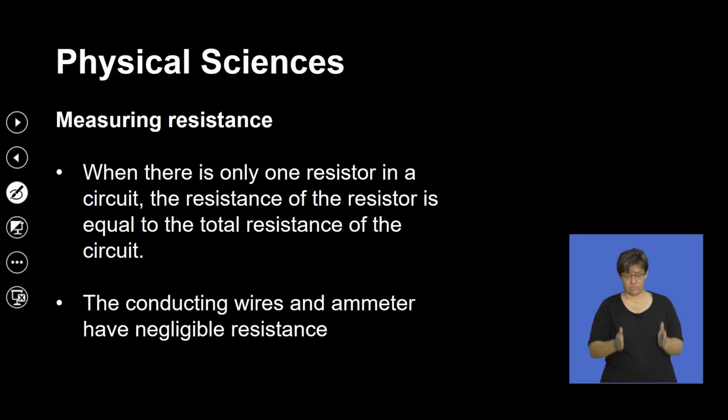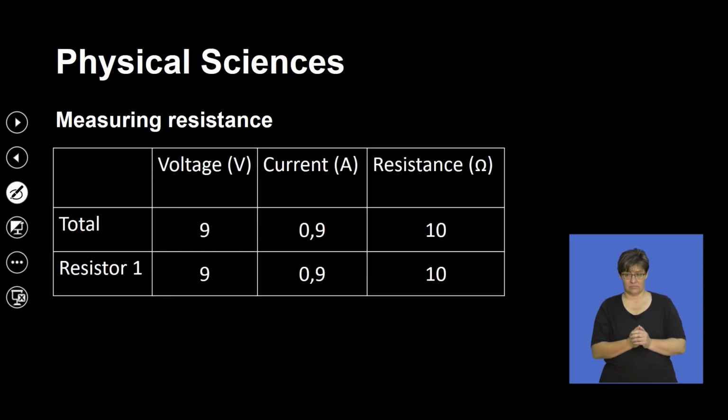Right, now we want to measure resistance. This is what we are saying. If there's only one resistor in a circuit, as we have seen in the previous example, the resistance of the resistor is equal to the total resistance of the circuit. So in the case of R1, being the only resistor in the circuit, if we go back to the table of results, the total resistance is a result of R1 being the only resistor in the circuit.